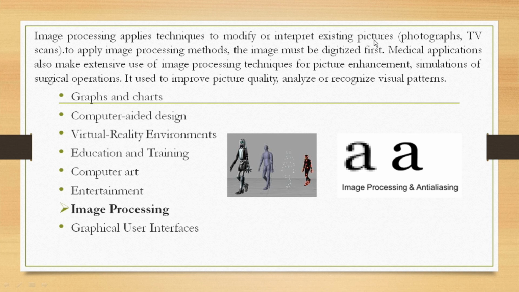Computer graphics help us create those pictures, and image processing helps us modify or interpret them. To apply image processing methods, the image must be digitized first, and only then can you enhance that image.